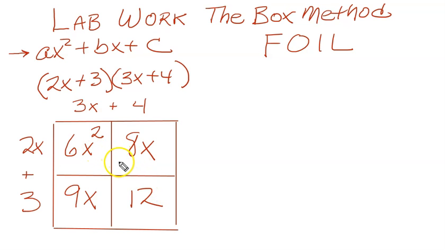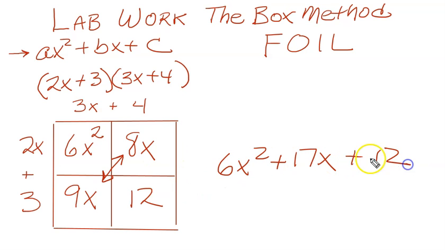Now notice that these two here are like terms. So in grouping like terms together, we then collect things and get 6x squared plus 17x plus 12.